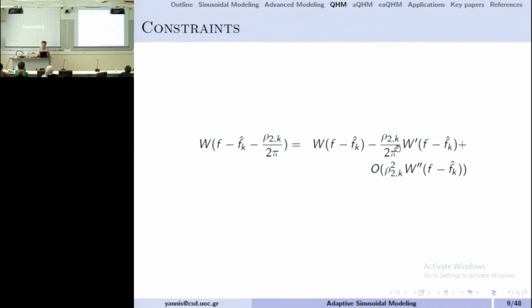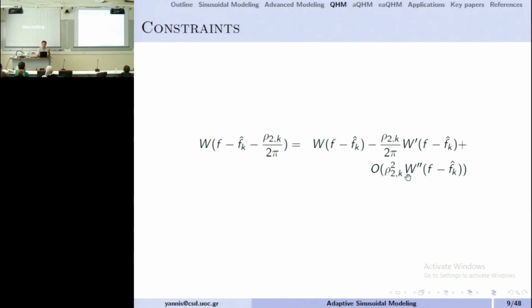However, that was what we had, and we dropped away the third term. It depends on the derivative of the window plus this ρ2, the magnitude of ρ2. That means if ρ2 is the mistake that you make, obviously if you do a huge mistake, this term will be high. So you cannot write this to keep only these two components.